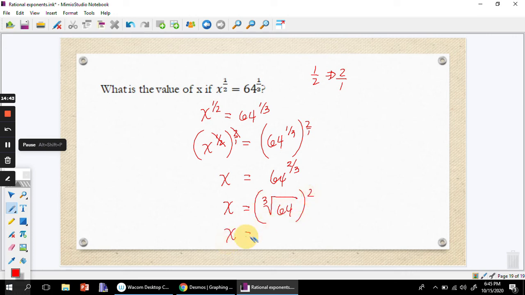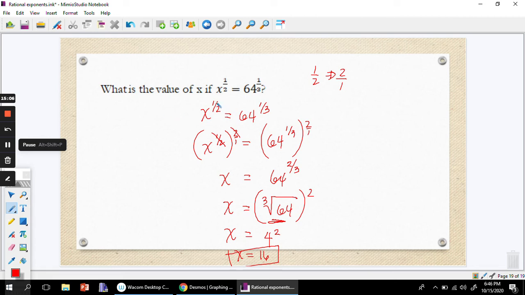What is the cube root of 64? That is 4, because 4 times 4 is 16 times 4 is 64. 4 squared, or x is equal to 16. Right? So that's how we solve equations with rational exponents.